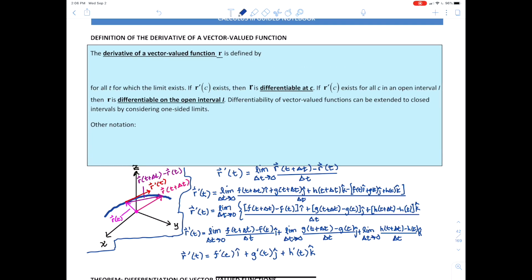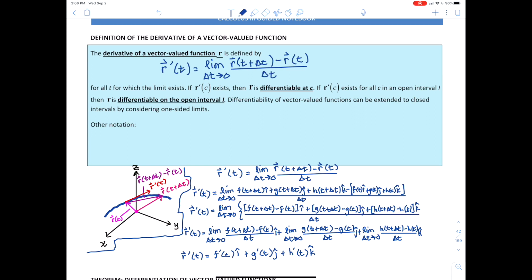All right, so it turns out that the limit definition for the derivative of a vector-valued function r, like we were working with, is defined as the vector r prime at t equals the limit as delta t approaches 0 of r evaluated at t plus delta t minus r evaluated at t all over delta t.